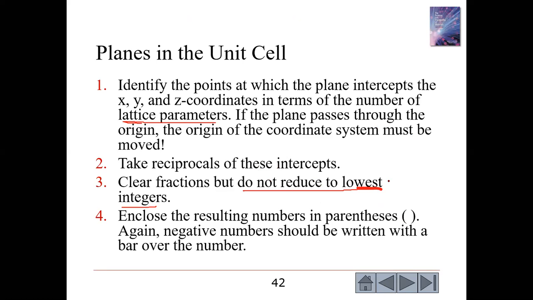And even if your miller indices are correct, if you enclose it in square brackets and you meant planes, we will mark you 0, right? So this is very important. You have to enclose a plane in parentheses, whereas a direction should be enclosed in square brackets. So it's absolutely necessary, right? And again, negative numbers should be written with a bar over the number, just like in directions.